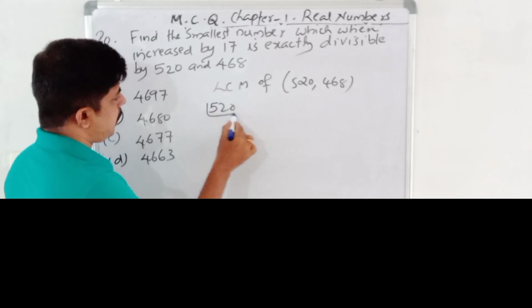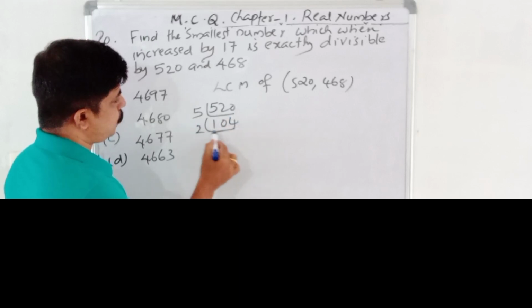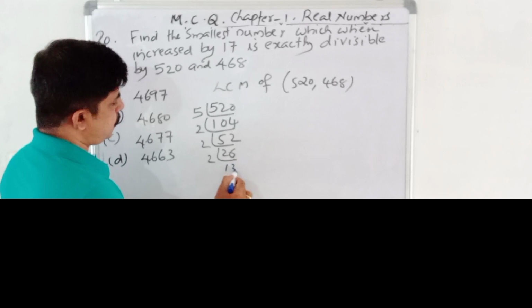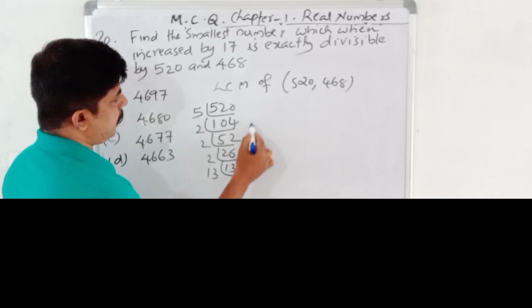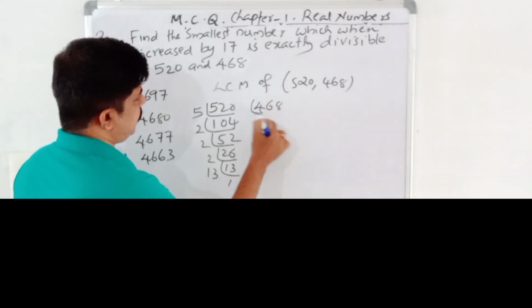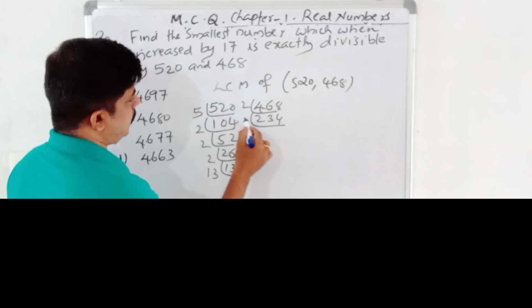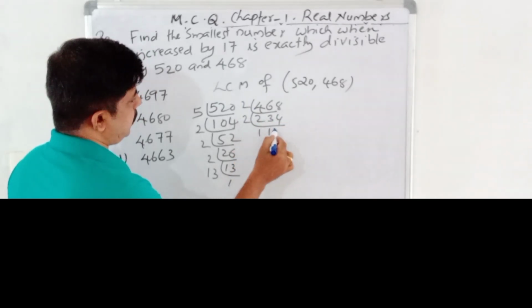Write it as a product of prime numbers. 520 we have 2, 260, 2, 130, 2, 65, 5, 13. 468 we have 2, 234, 2, 117, 3, 39, 3, 13.